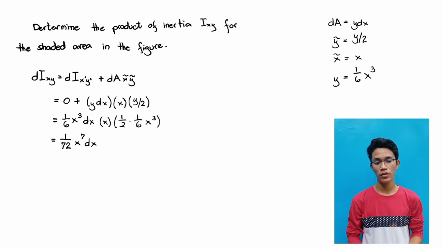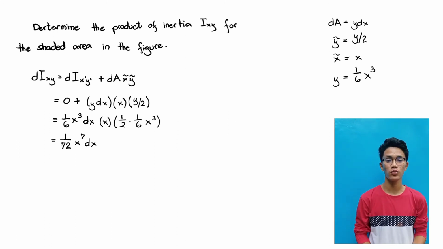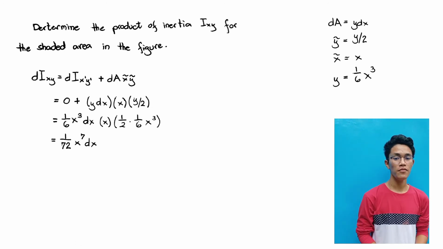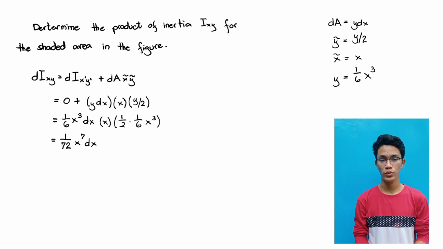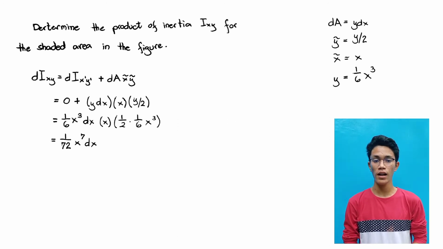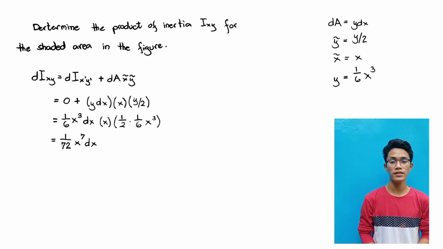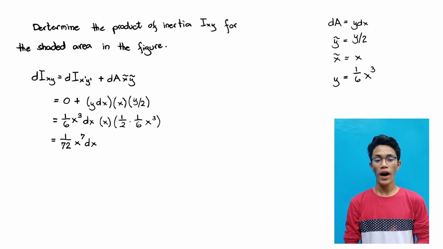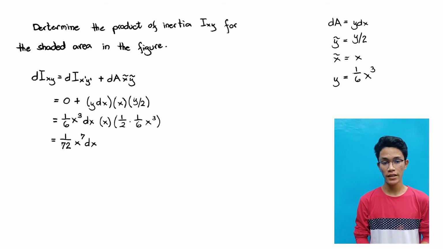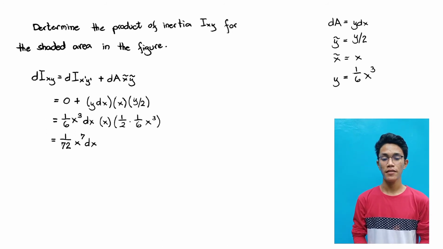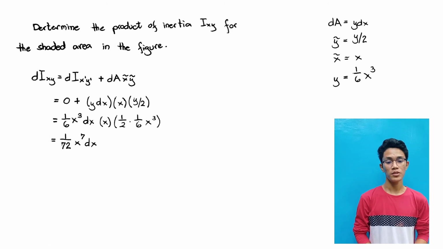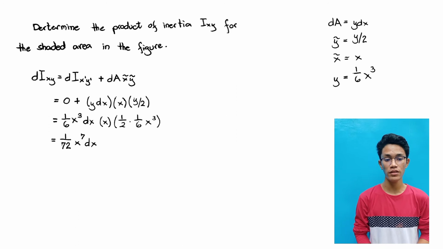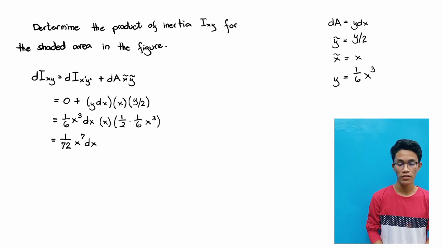So let us substitute the value of dA, which is equal to y dx, the value of x curly, which is x, and the value of y curly, which is y over 2. Next, substitute the value of y, which is 1/6 x cubed. From that, we get 1/6 x cubed dx times x times 1/2 times 1/6 x cubed, which is equal to 1/72 x to the 7th dx.